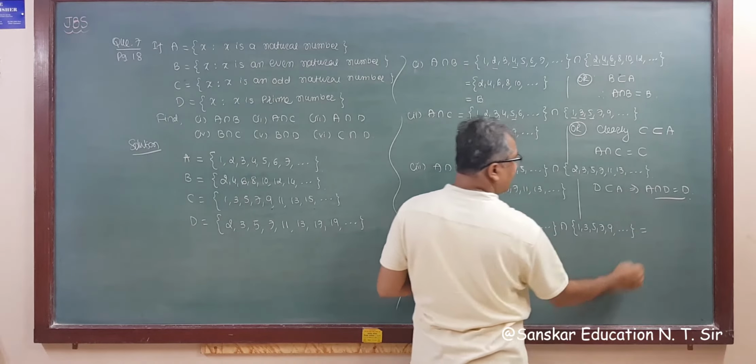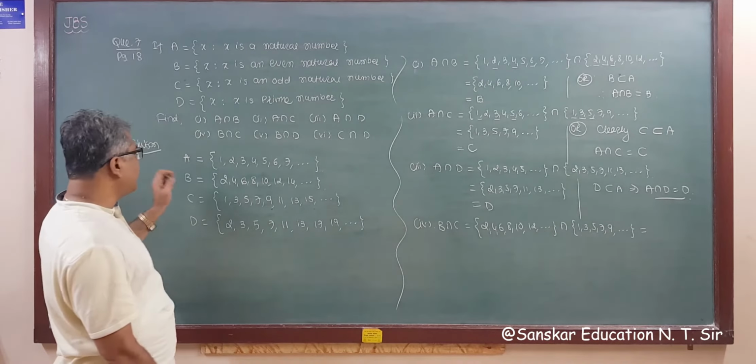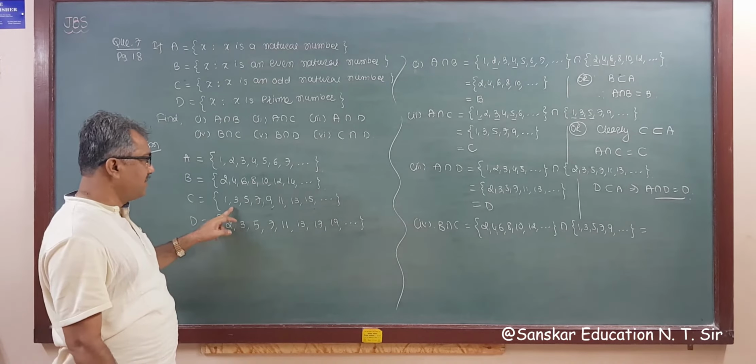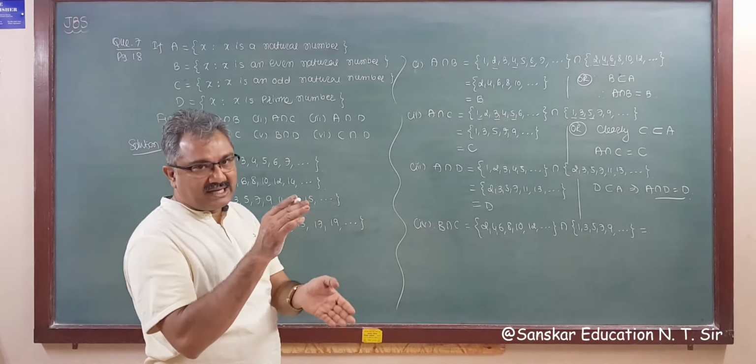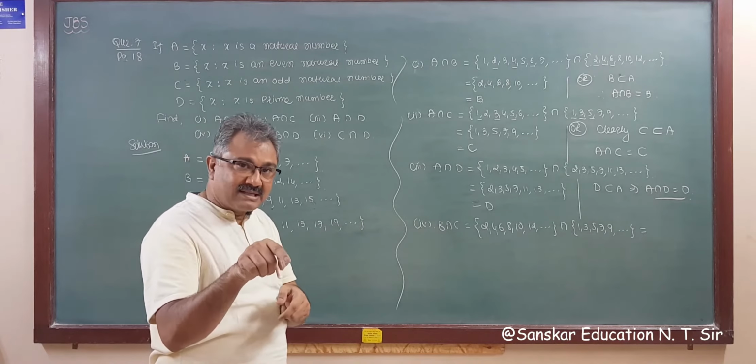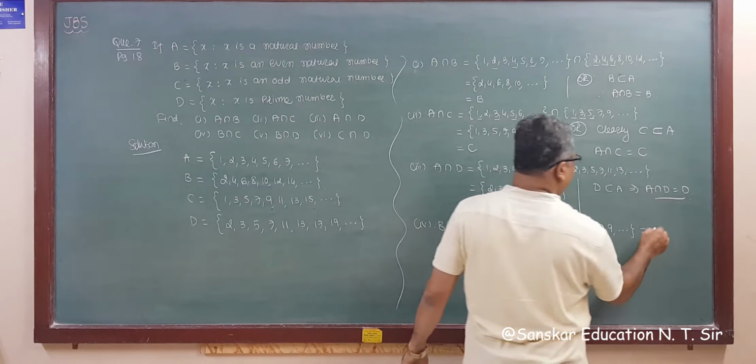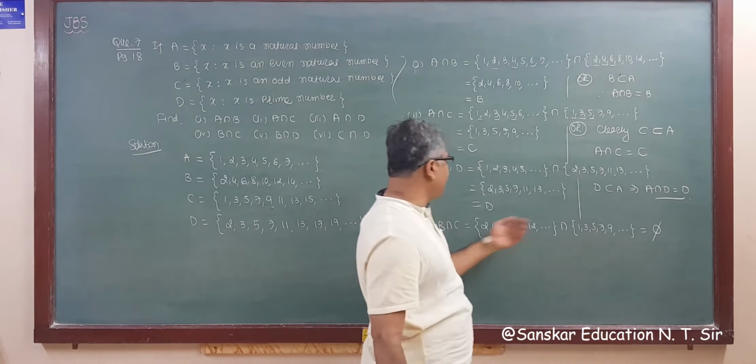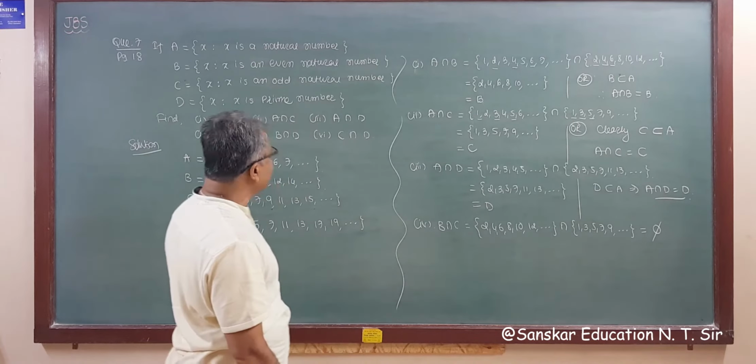Now the intersection of these two sets. This is even numbers, this is odd numbers, and you know the intersection of even numbers and odd numbers is always a null set. So the answer will be the null set, because there are no common elements in these two sets.